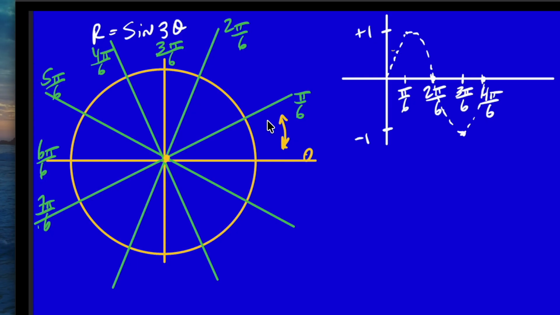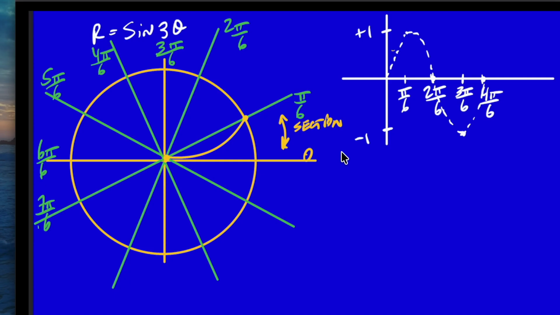So this is now going to be a point right here. So let's draw this within the section between 0 and pi over 6, right there. We are in this section. Therefore, the graph has to be between 0 and pi over 6.